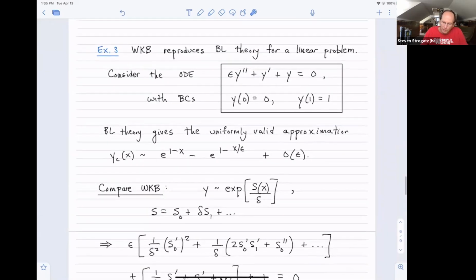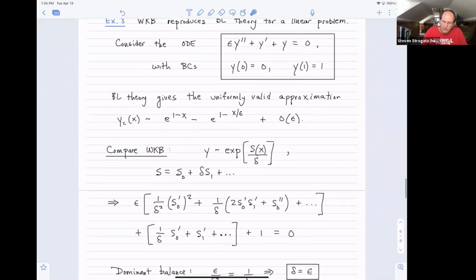Maybe I should make it a little smaller so you can see everything all at once. Here's my equation. So the y double prime has given rise to this term times an exponential that's been canceled. The y has given rise to an exponential which has been canceled, leaving a factor of 1. And there's a 0 on the right-hand side.